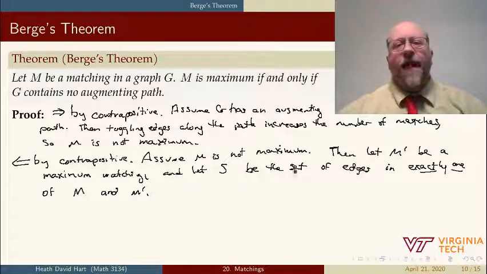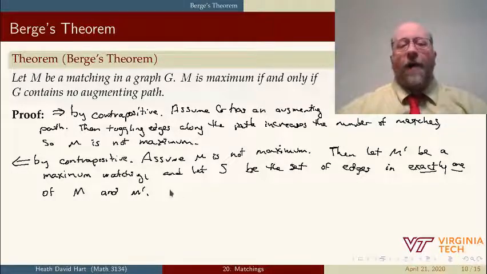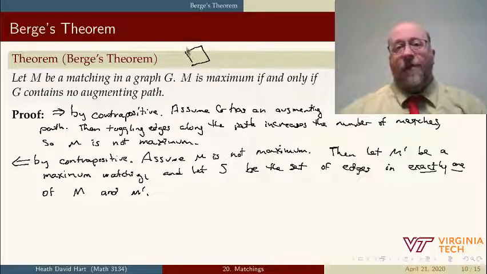Now these edges have to alternate between being in M and M prime, because I can't have two consecutive edges that are both in M, because then they share a vertex. I can't have two consecutive edges being M prime because they share a vertex. Now it's possible that I will have some connected edges that form a cycle, one in M, one in M prime, one in M, one in M prime, and an augmenting path.